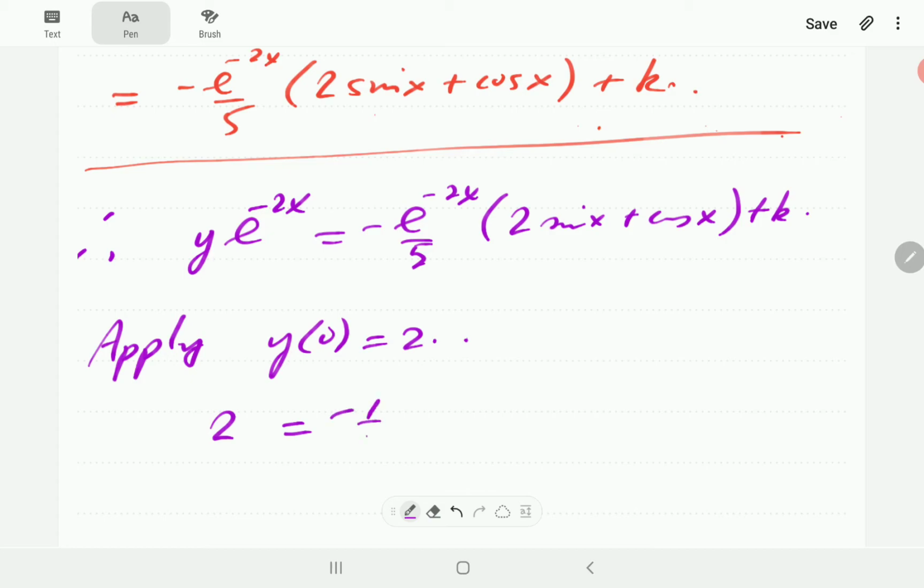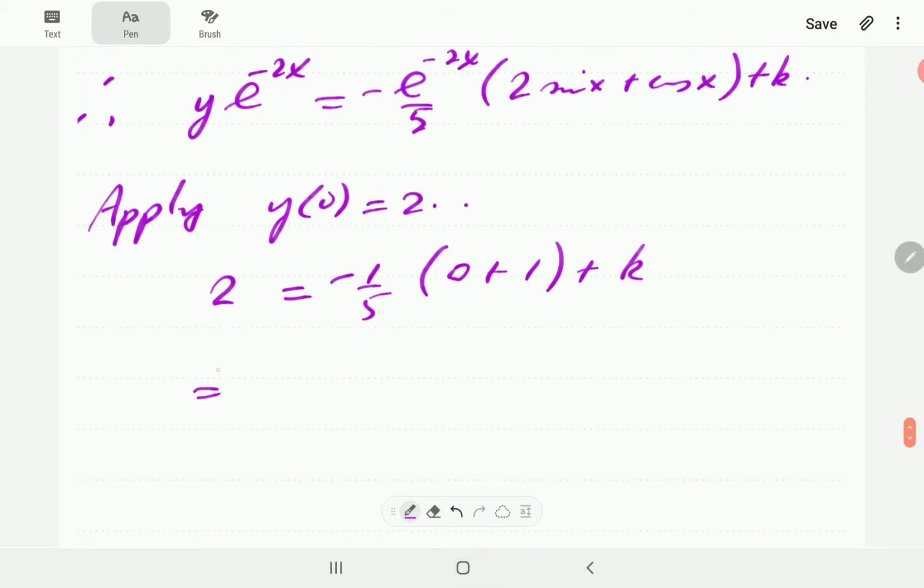This term is going to be minus 1 over 5 times 0 plus 1 here, plus k, because sine 0 is 0, cosine 0 is 1. And then from here, it tells us that k is going to be 11 over 5, which is 2 plus 1/5.